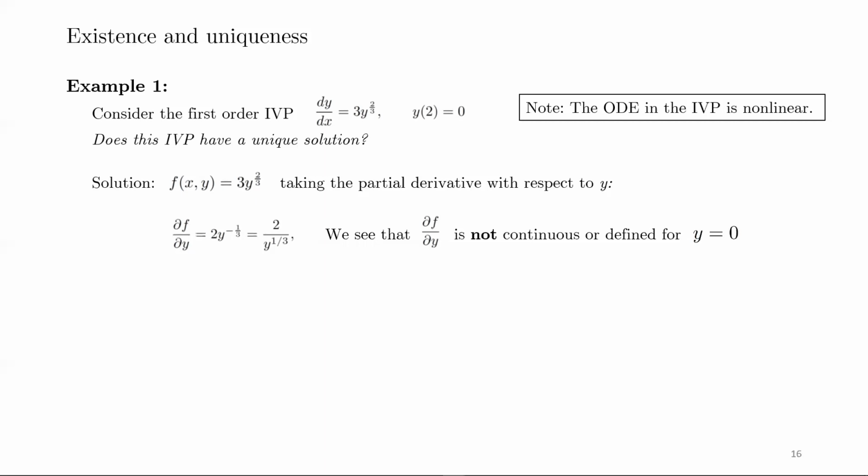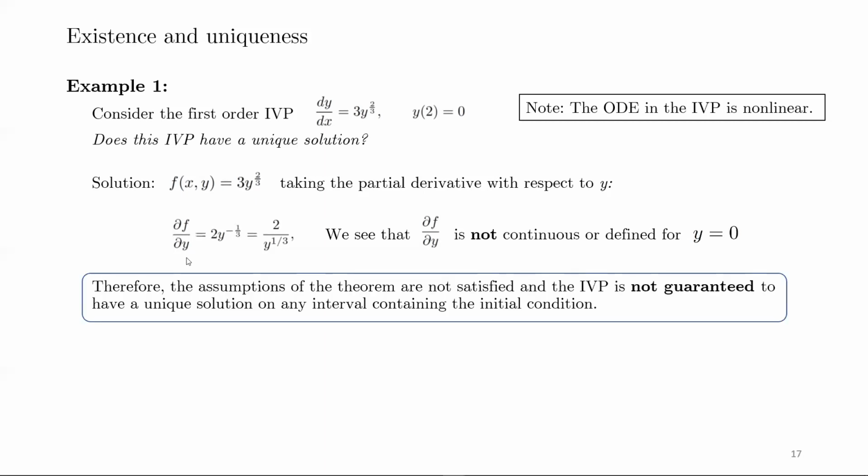Okay, but this is a problem, right? Because our initial condition says when x equals 2, y is equal to 0. So our initial condition, in fact, is right at the bad point. Our initial condition is right where the derivative, df by dy, is undefined.